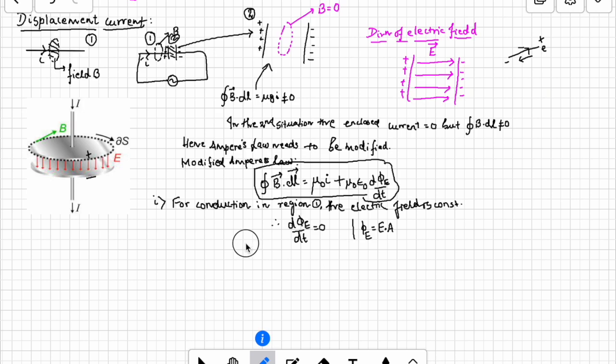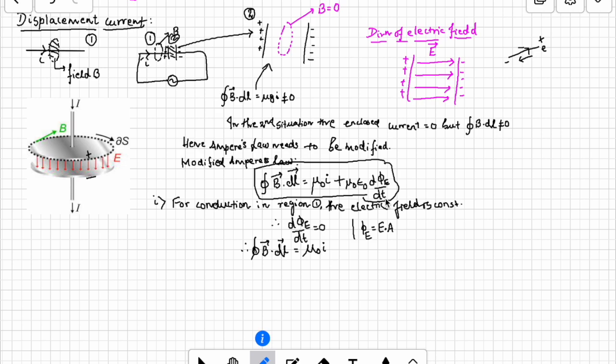In that case, if we replace this in this particular equation, we can simply say that the integration of B bar dot dl bar is equal to mu naught I, because this part is 0. So there is no issues in that. So we can write it like this.